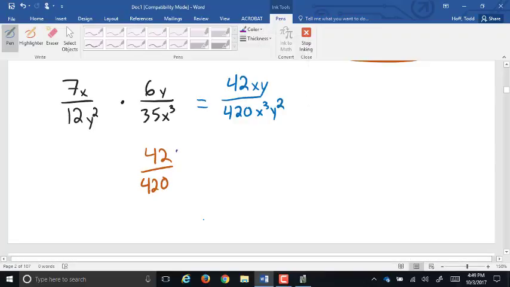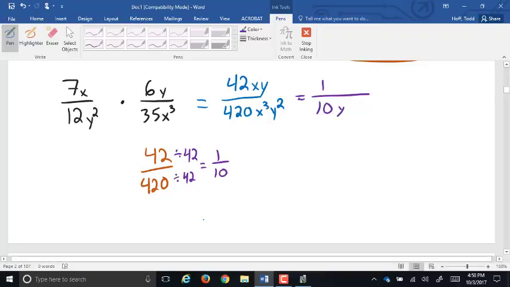What can both of those be divided by? 42, good catch. 42 divided by 42 is 1. 420 divided by 42 is 10. So in my answer, I have 1 in the numerator, 10 in the denominator. Where does the x end up?